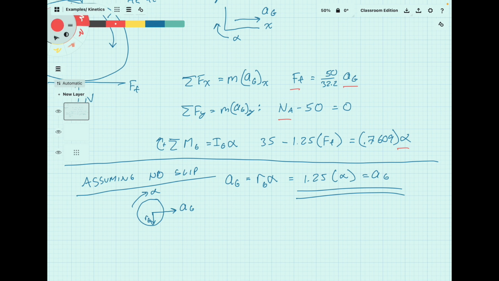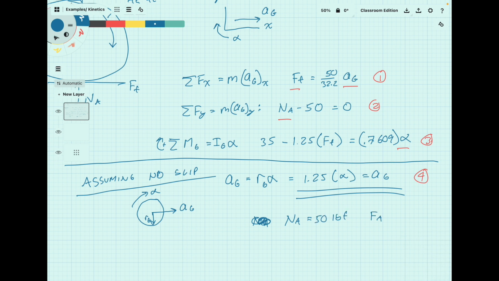And at that point, we've got 4 expressions with 4 unknowns, and we can solve for those. I'll just give you the results. I've been calling it NA, so let's just do that. The normal reaction NA is 50 pounds.